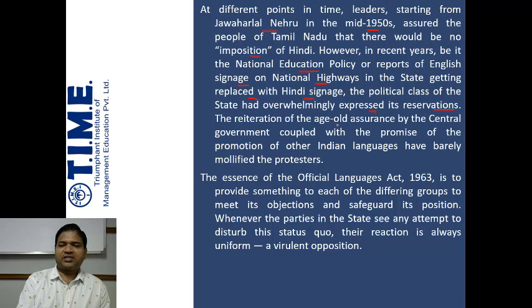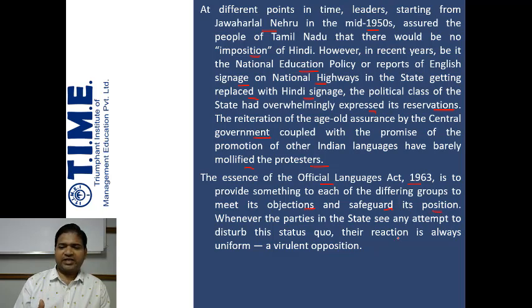The reiteration of the age-old assurance by the central government, coupled with the promise of the promotion of other Indian languages, has barely mollified the protesters. The essence, this again we are talking about the Official Languages Act 1963, is to provide something to each of the differing groups to meet its objections and safeguard its position.